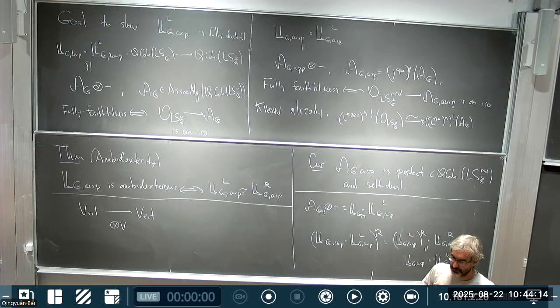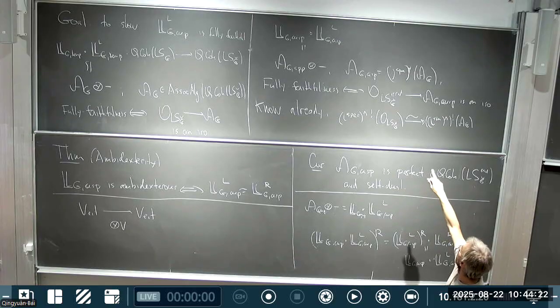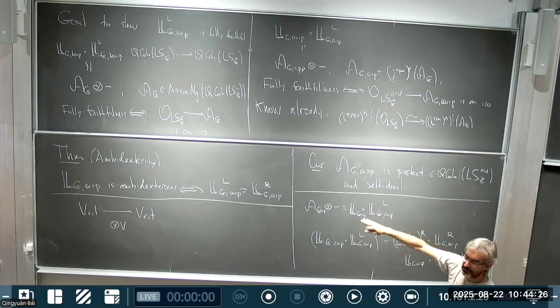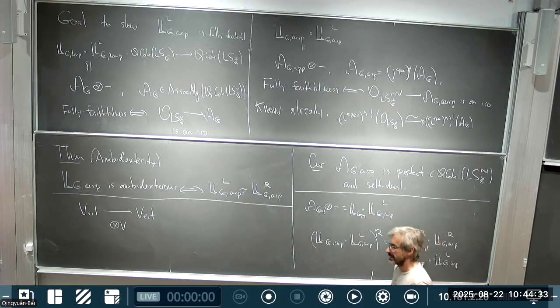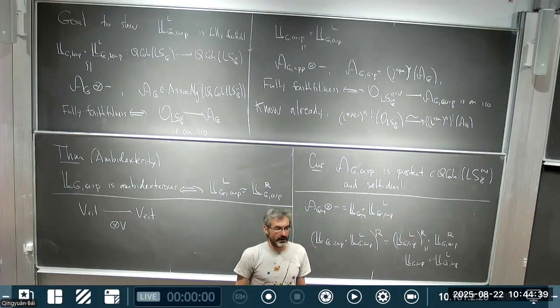AG and AG cusp was also defined, and it's the restriction. But the ambidexterity is only about the cuspidal part. We don't know this ambidexterity for all of AG. You typically bypass where an argument really needs restricting to the cuspidal part, in the proof.